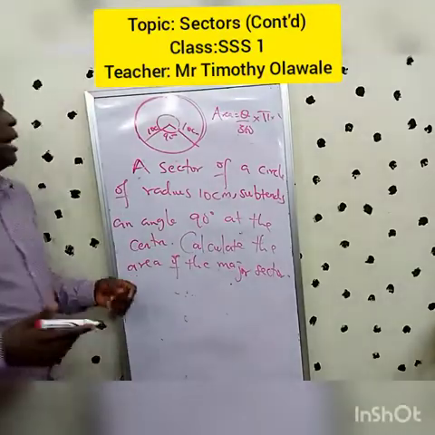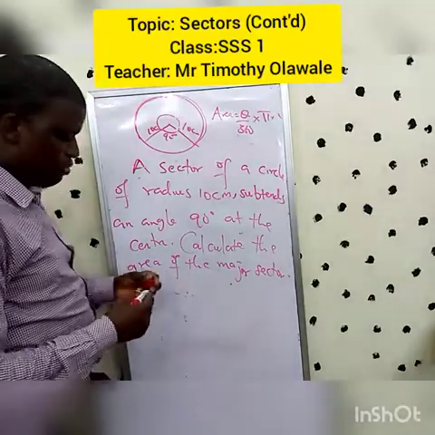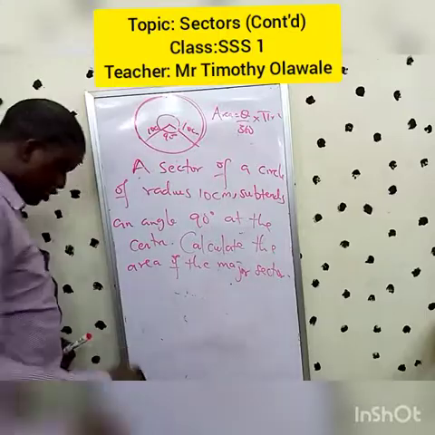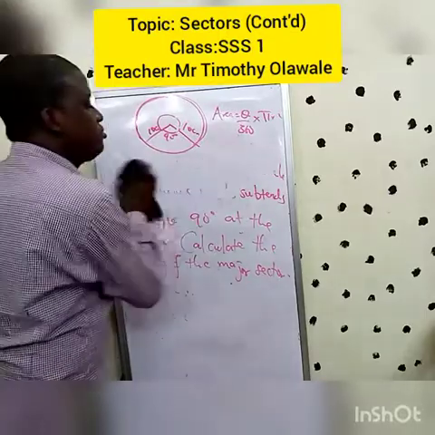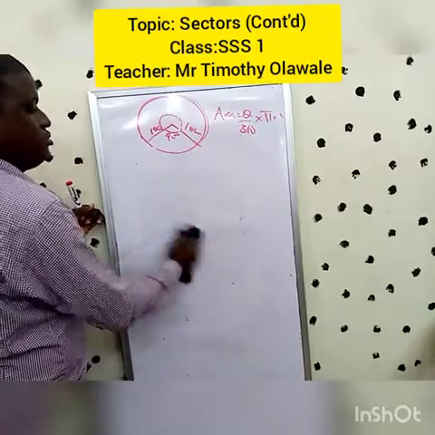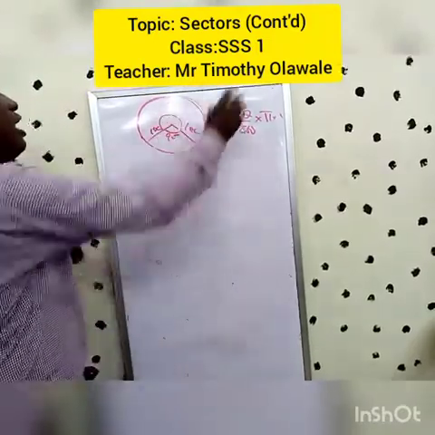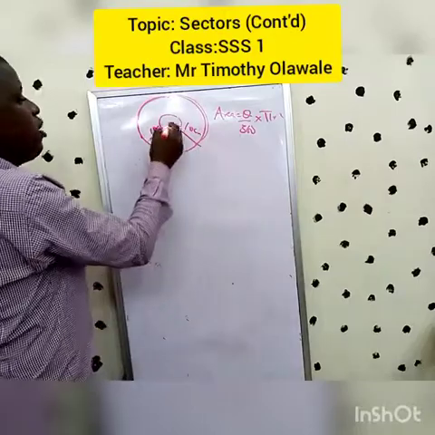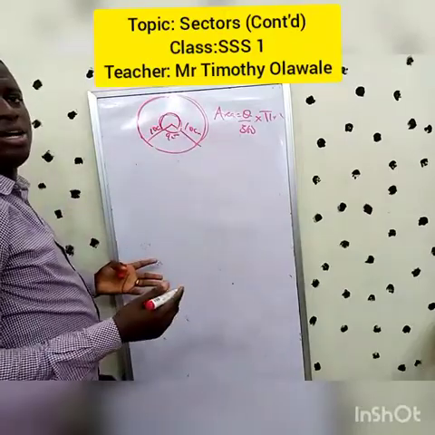All right. So, look at this. Let me rub off the question so that we can have sufficient space to work. Okay, so please pay attention to this. Now, how do we find this major angle?